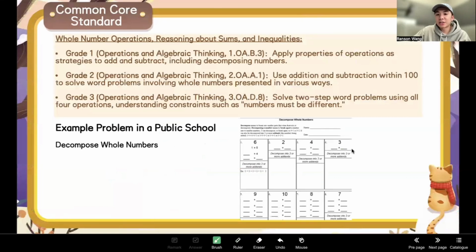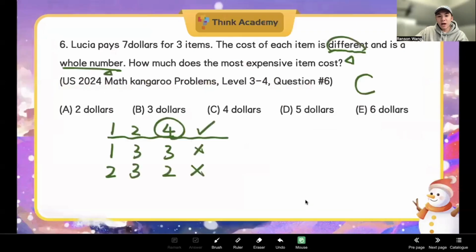But you would just do some very basic ones, like 6 is equal to 1 plus 5, and 2 plus 4, etc. But for this one, you decompose this into 3 items, and at the same time, you have to discuss different situations and choose the one that satisfies the condition or requirement. So this is why Math Kangaroo questions are a little deeper than regular school materials.